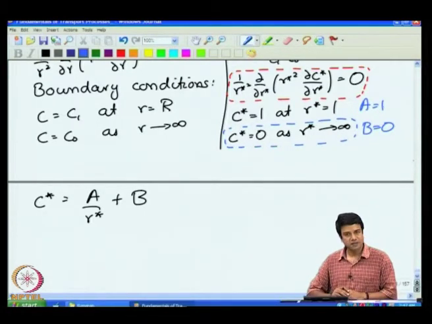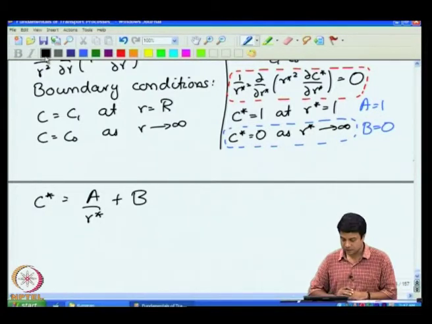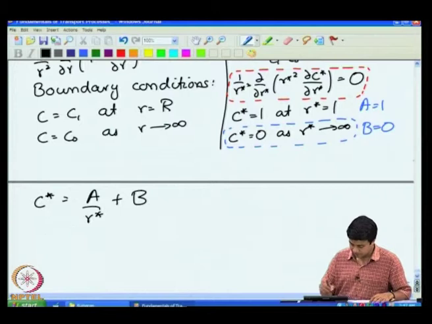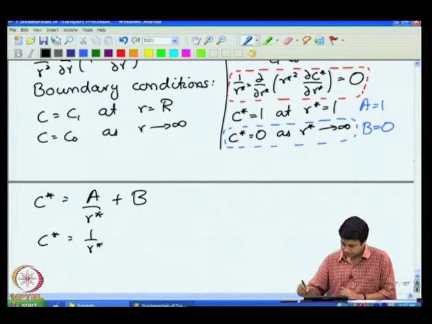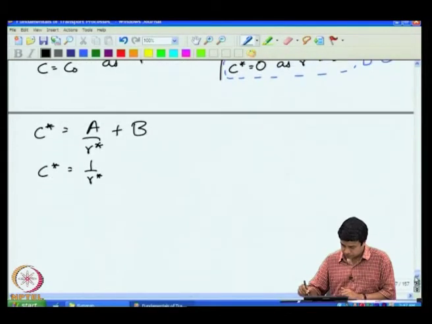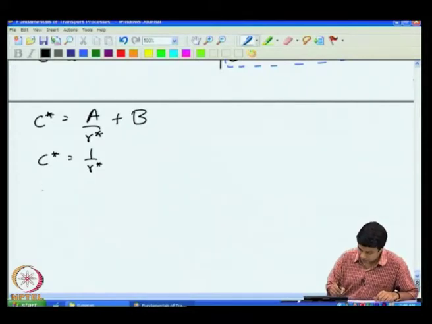So, I get a simple solution for this particular case for the concentration field outside of a spherical particle. C star is equal to 1 over r star. Alternatively, if I were to express it back in terms of my dimensional concentration and distance, I would get C minus C naught is equal to C1 minus C naught into R by r.